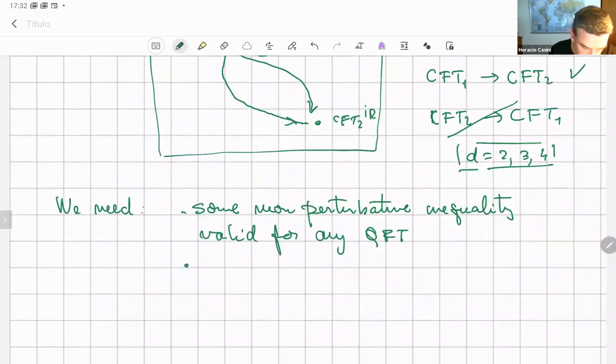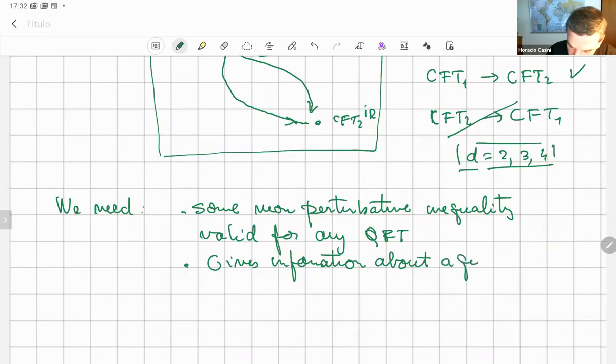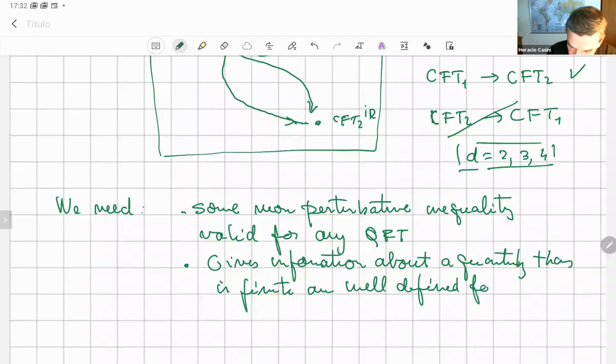And it needs to give information about the quantity that is finite and well-defined for CFTs.